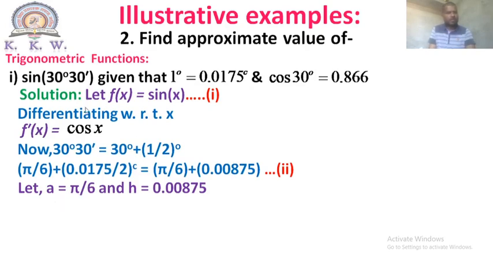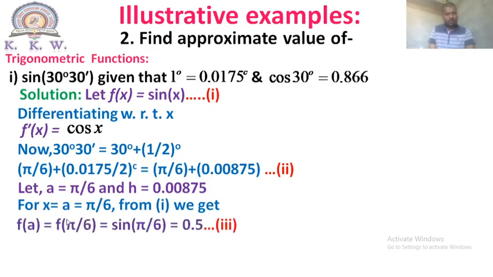Now after finding the value of A and H, we'll put x is equal to A is equal to pi by 6 in f of x and f dash of x, get f of A and f dash of A as f of pi by 6 is equal to sine pi by 6. Sine pi by 6 is sine 30 degree. Sine 30 degree is 1 by 2, or it is half.